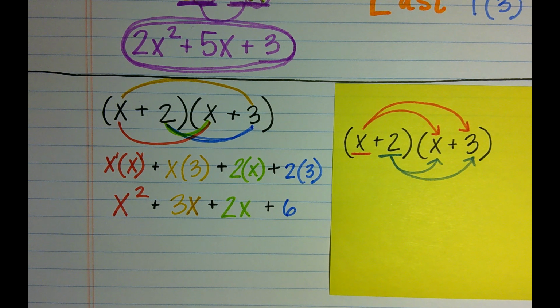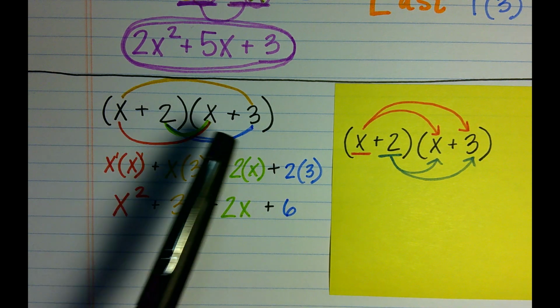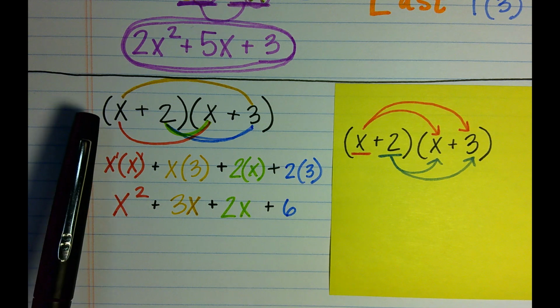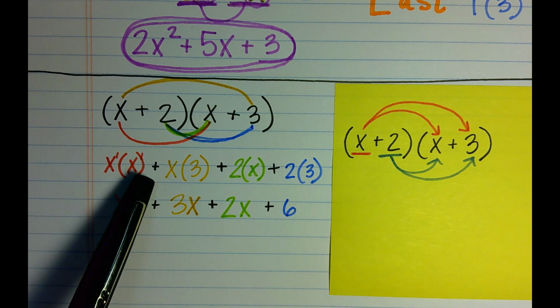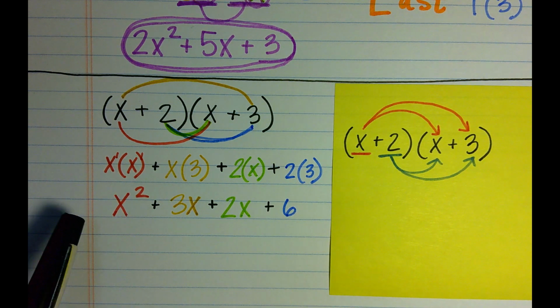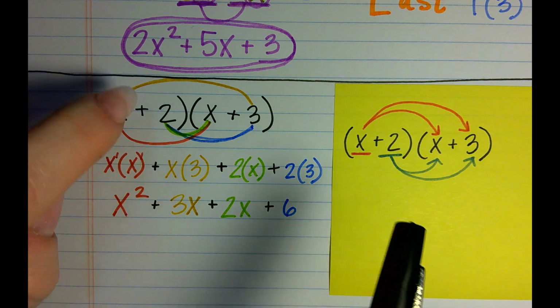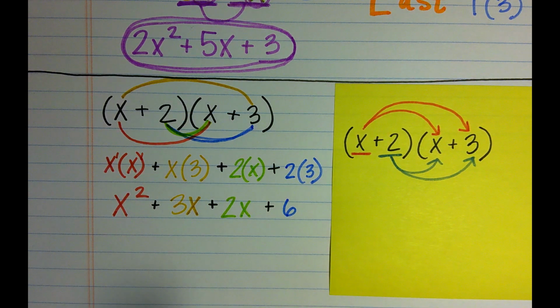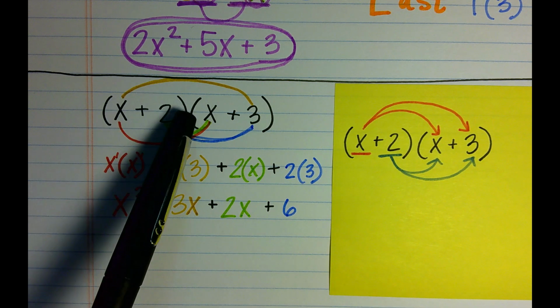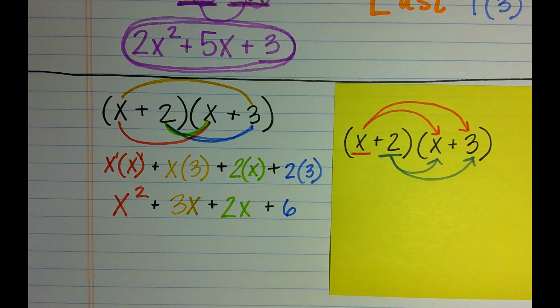And you might start to notice a pattern. When we multiply, these are called binomials. You don't need to know that, but it gives me a word to call them. Binomials just means that they have 2 terms. Bi means 2. Nomials, a fancy word for number or term. So 2 terms. So we're multiplying binomials.